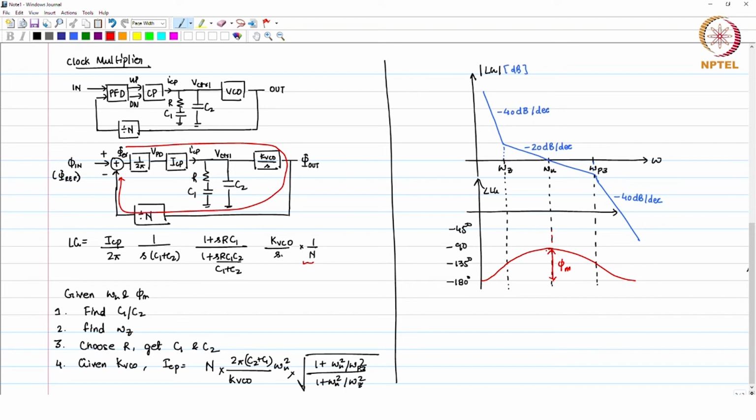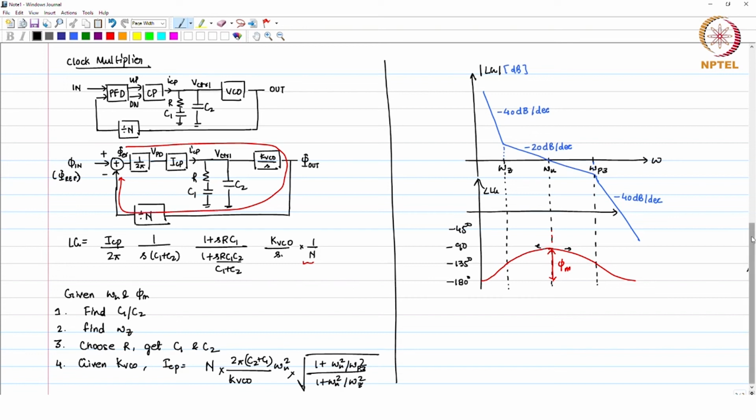In that way, any small changes in the values of R and C matter little. If C1 and C2 both change by the same value, your phase margin does not change. If your R and C change by a small amount, so that your unity gain frequency changes by a small amount, then your phase margin will not degrade that much.